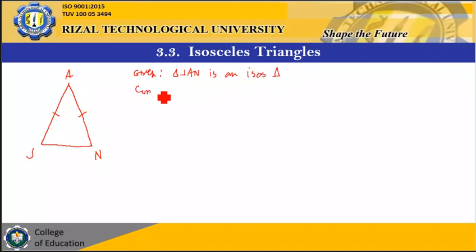Then what we can conclude is that side or segment JA is congruent to segment MA. The reason for that is the definition of an isosceles triangle.